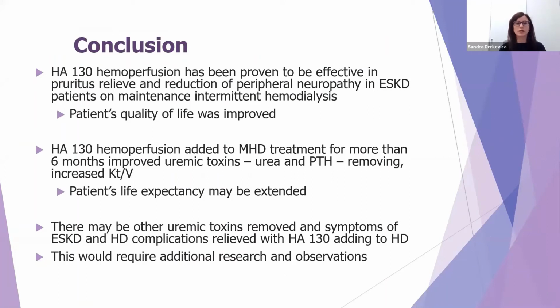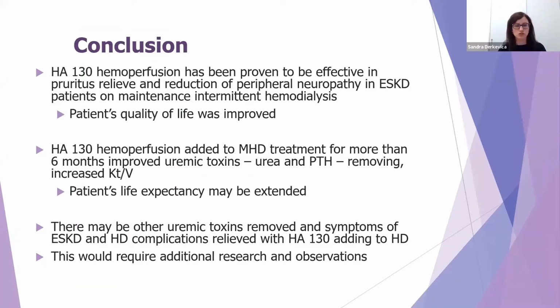So, in conclusions, I would like to mention that HA-130 hemoperfusion has been proven to be effective in pruritus relief and reduction of peripheral neuropathy in end-stage kidney disease patients on maintenance intermittent hemodialysis. Patients' quality of life was improved.